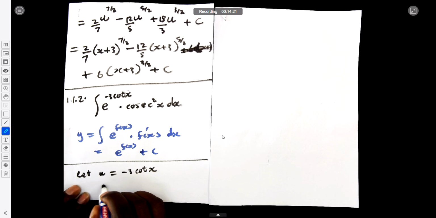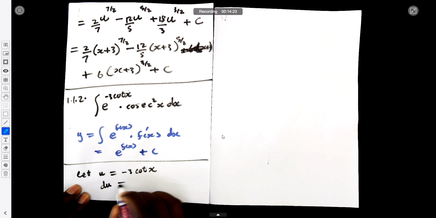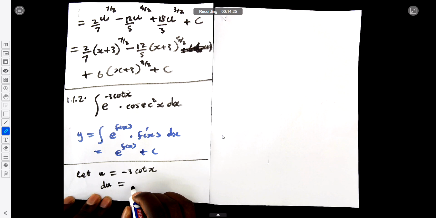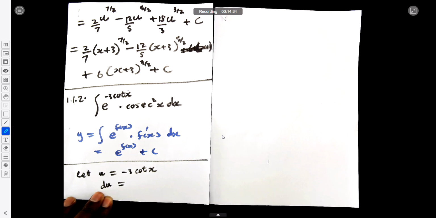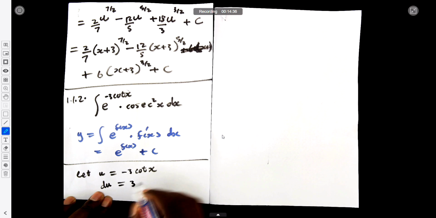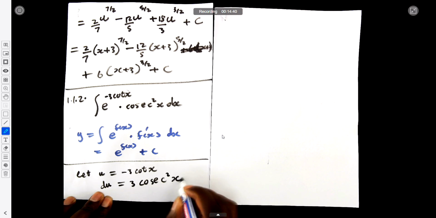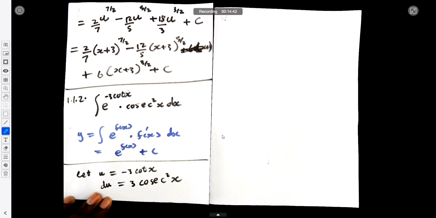Okay, what is du? du over dx is equal to the derivative of this. It's going to be positive, right? Yes, because the derivative of cot is negative cosec squared, multiplied by that negative, so it becomes positive 3 cosec squared. I hope you see that.